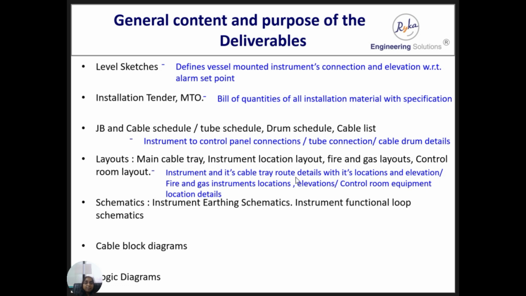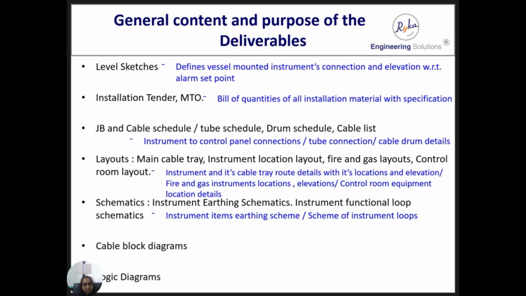Now comes schematics. Instrument earthing schematics and instrument functional loop schematics are there. Instrument earthing schematics are basically the earthing scheme for instrument items, and the instrument functional loop schematic is the scheme of instrument loops. Loops, what are loops?